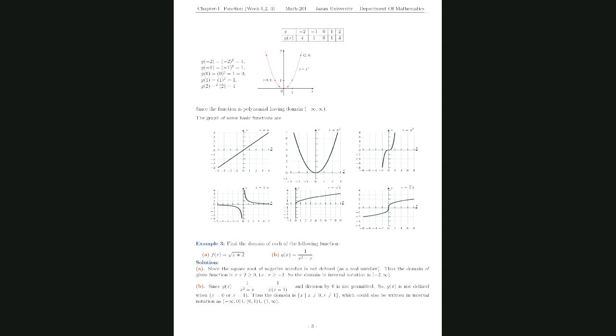Inside the root we have x plus 2. Take this x plus 2, which must always be greater than or equal to zero, that is the rule for the square root. So x plus 2 is greater than or equal to 0, and then we solve. Here it is written x plus 2 is greater than or equal to zero.